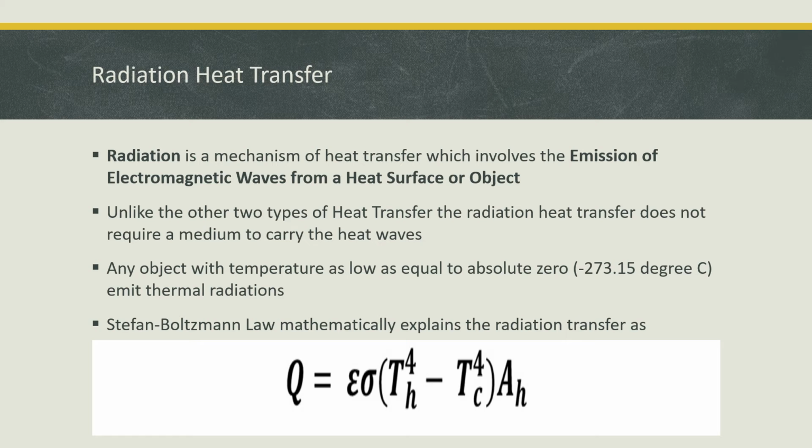Sigma is the constant for radiation heat transfer, which has a value 5.67 into 10 power minus 8. And T are the temperatures of the hot and cold bodies, and A is the heat transfer area.